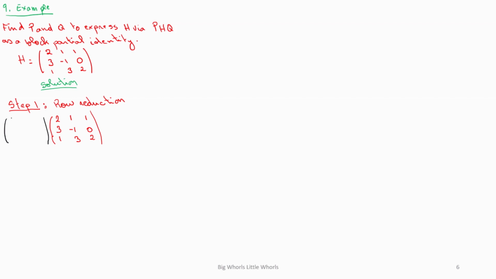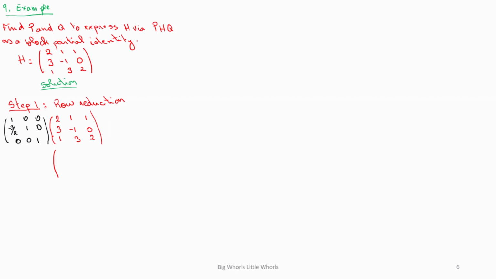I'm sure you know how to perform Gauss eliminations. If not, I have plenty of videos about them, so go and watch. So minus 3 over 2, 1, 0, 0, 0, 1. If I multiply the matrix H by this elementary row reduction matrix, it will give me the first step, or first result, in Gauss elimination.